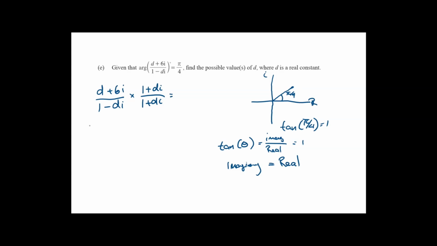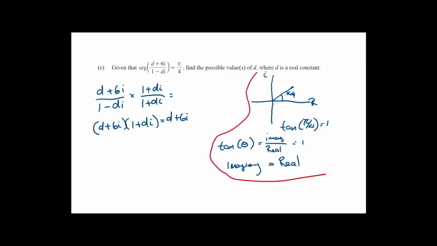Okay. So at the top, we've got d plus 6i times 1 plus di. Let's do the top and the bottom separately. So the top is going to be d plus 6i times 1 plus di.